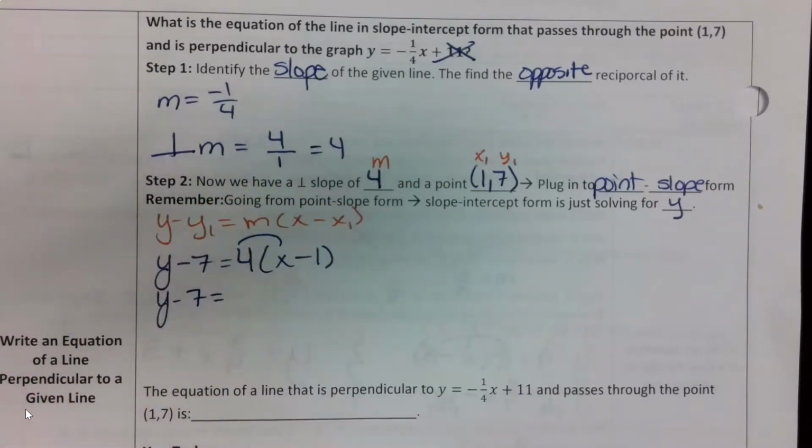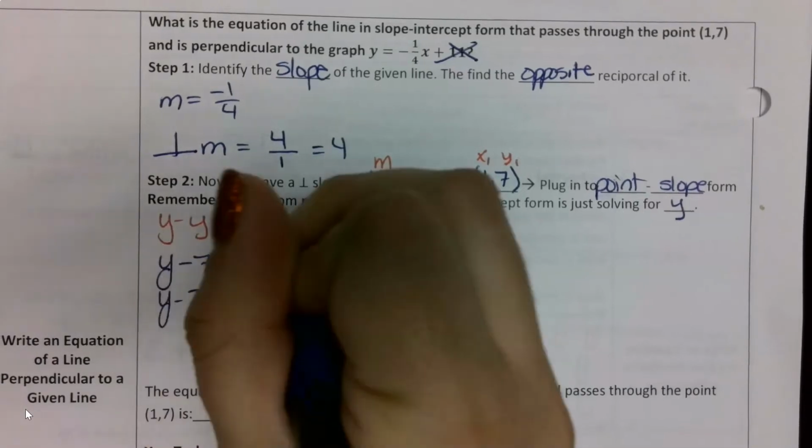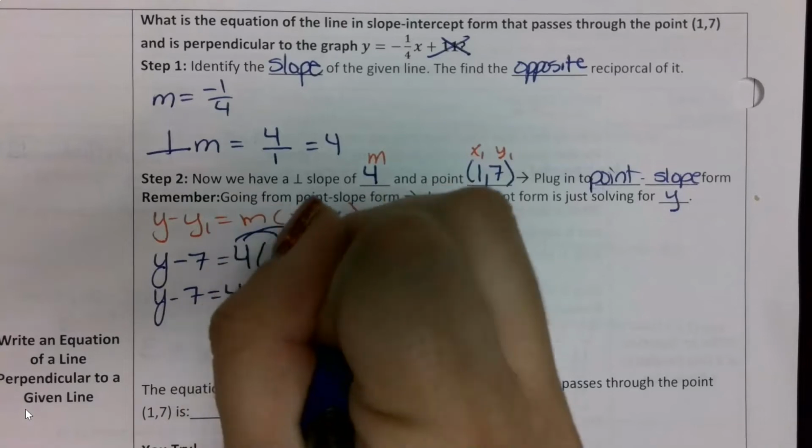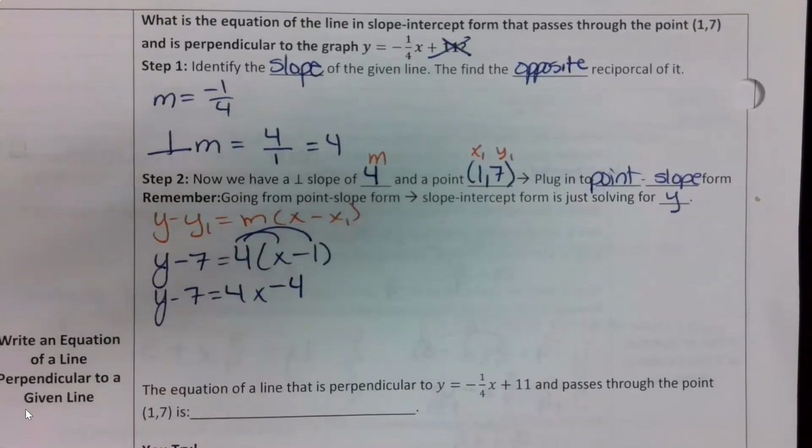So 4 times x is 4x. And then 4 times negative 1, negative 4. And then finally, what do I want to do?